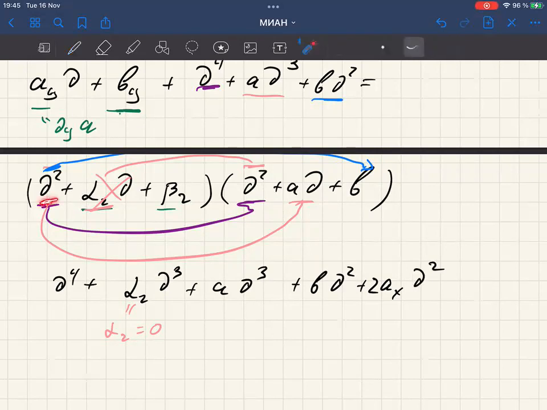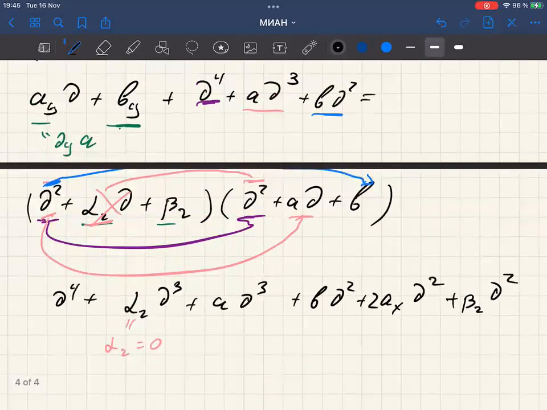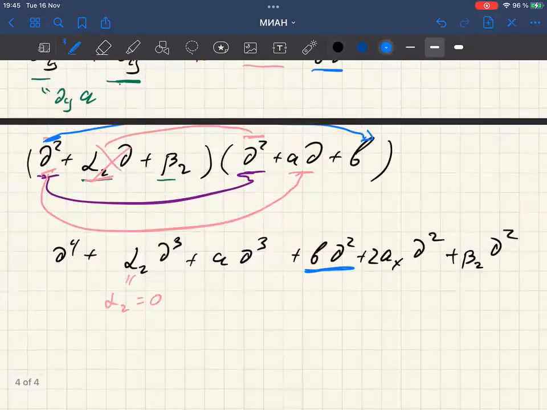When this d acts on this, commutating, it gives us this term, and another term when beta is with this, and this will be plus beta 2 d square. Okay, and we see that it should be equal just to b.